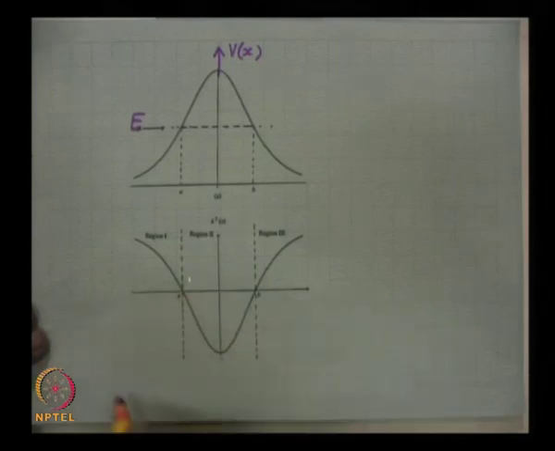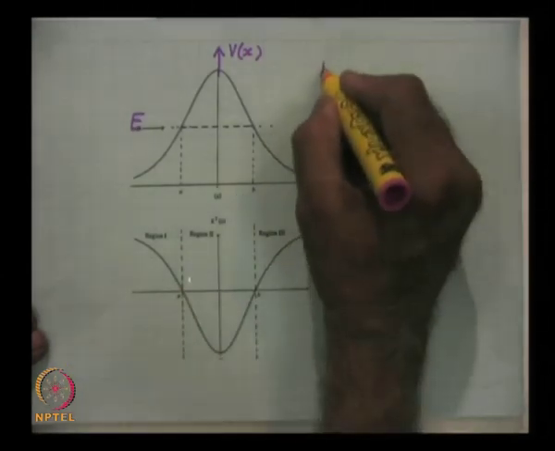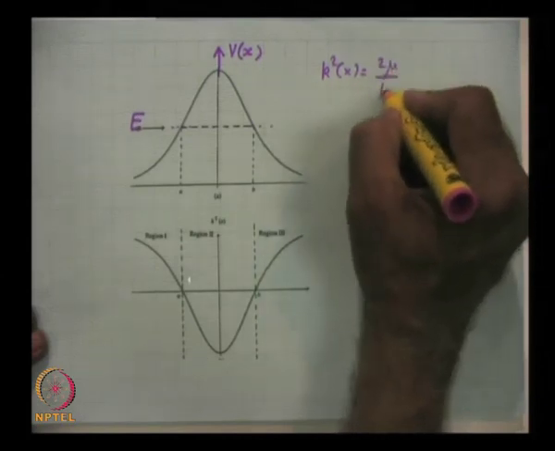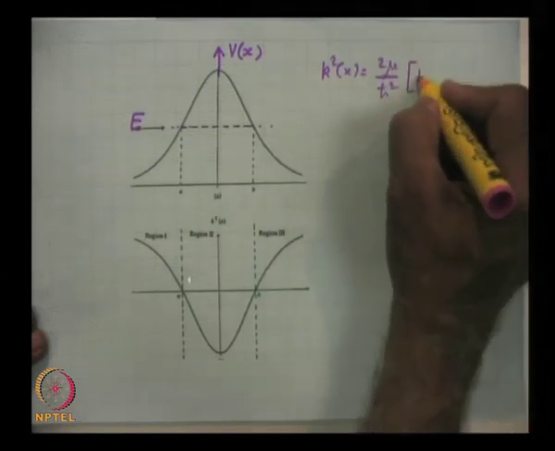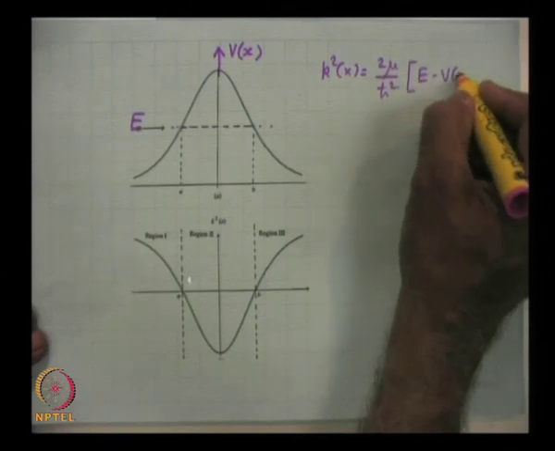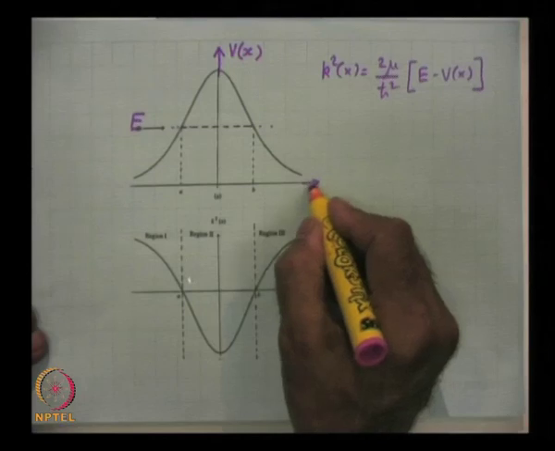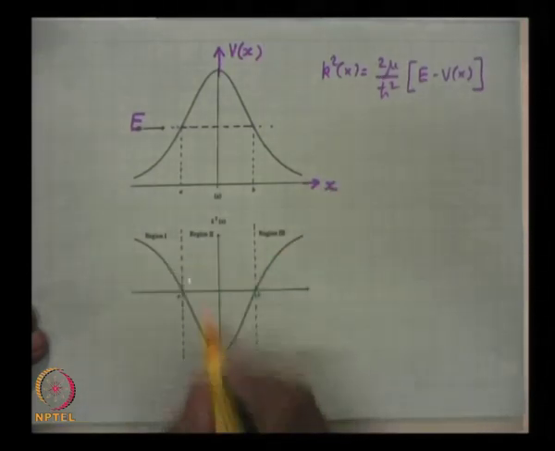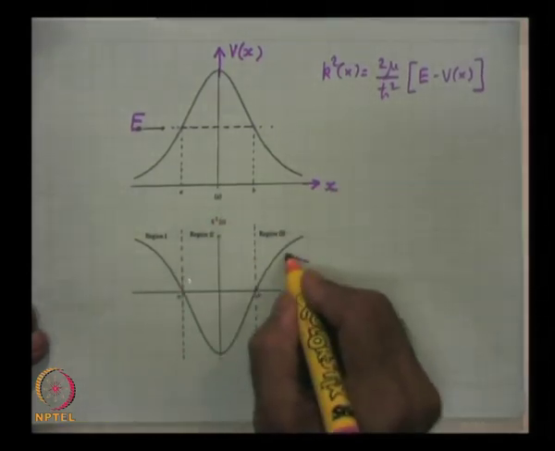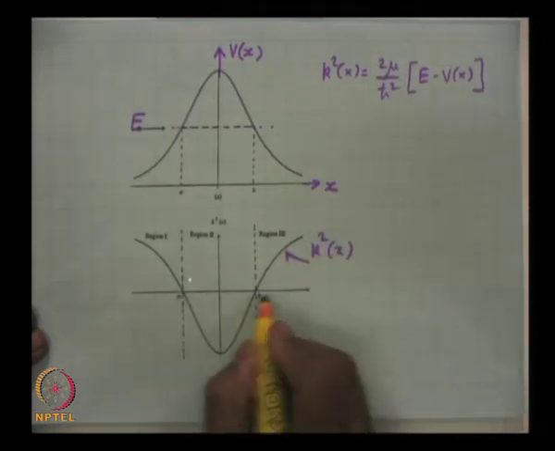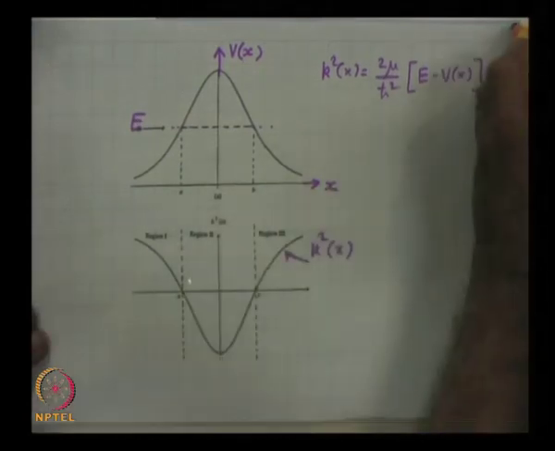Now, k square of x is equal to 2 mu by h cross square times E minus V of x. So, this is the variation of k square of x, and x is equal to a and x is equal to b are the turning points.